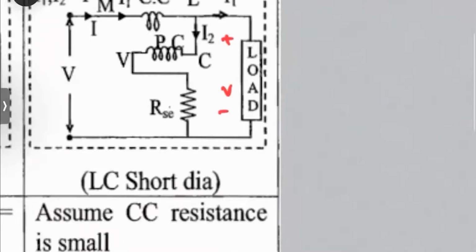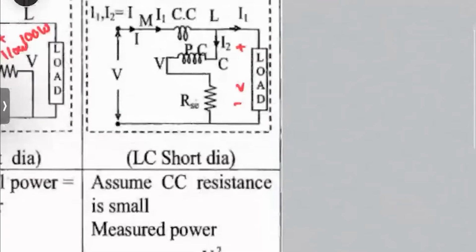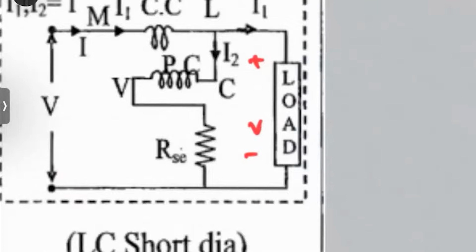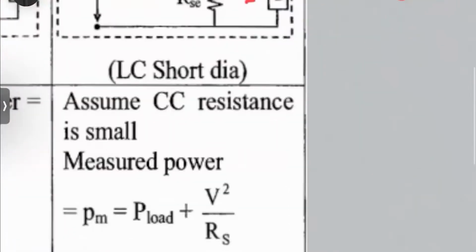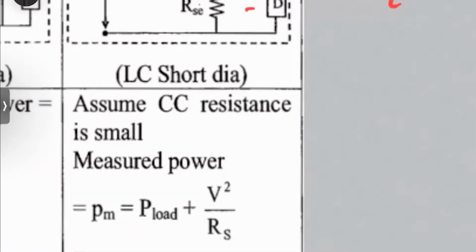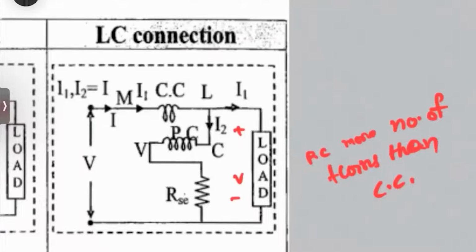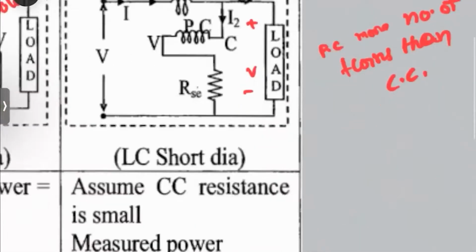Since the pressure coil has more number of turns than the current coil, and whenever there are more turns the resistance will also be high, here also some power loss is going to occur, V square by R. In the pressure coil also some power is going to be wasted.